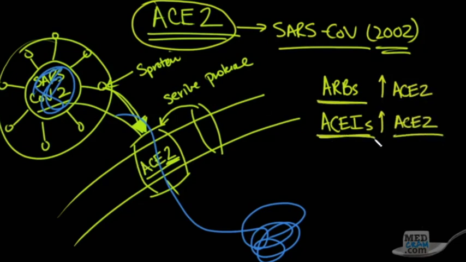So how do you know if you're on an ARB or an ACE inhibitor? Typically, ARBs end in TAN. So you might see this as losartan or irbesartan or candesartan. These are all TANs. They are angiotensin receptor blockers.